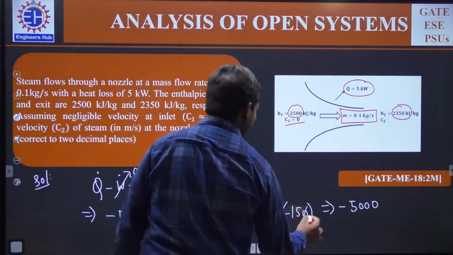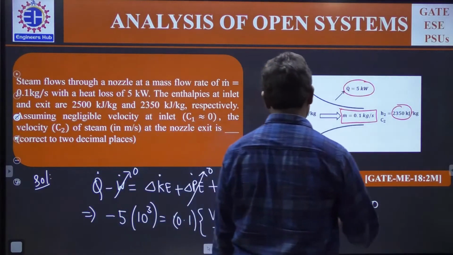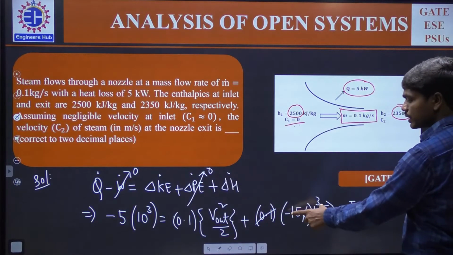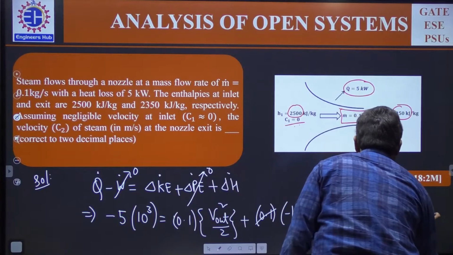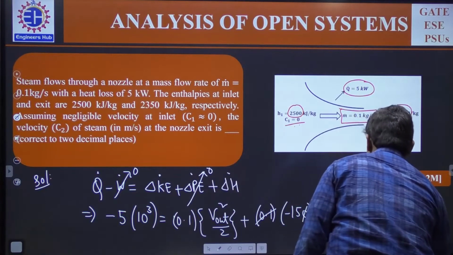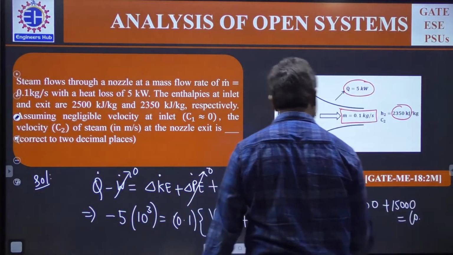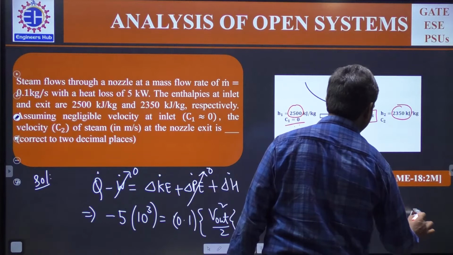And I guess this is in kilojoules, so we have one more 10 cube here because we need to convert into joules. So minus 5000 and minus 15,000, this goes to the other side and becomes plus 15,000. Let me write this equation in a new page so you will feel the things clearly.